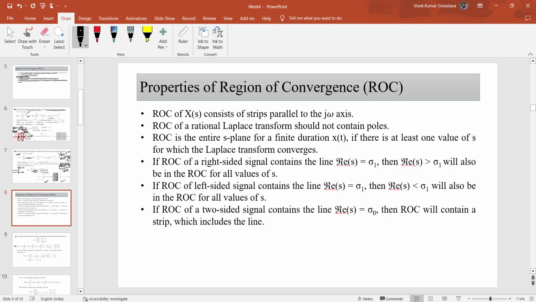Okay, so let us move ahead and see some of the properties of the region of convergence. The first property states that the region of convergence of X of s consists of strips parallel to the j omega axis.